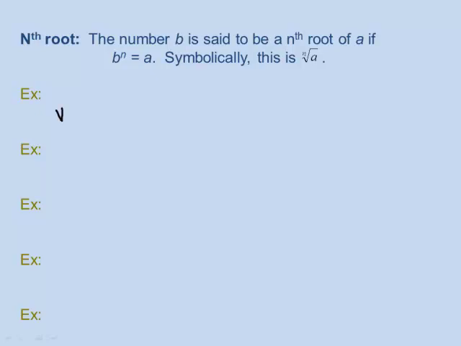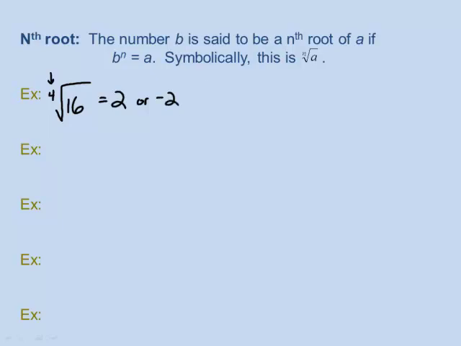Let's say to start off with, we decided to find the 4th root of 16. So what that says is we want a number which when multiplied by itself 4 times, or when raised to the 4th power, gives us 16. In this case, the only number that would satisfy that is 2, or in theory, -2.